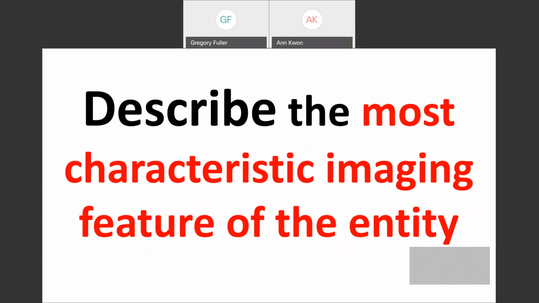What's the differential diagnosis? There's always a differential diagnosis for every molecular alteration. Then you have to know what is the most common entity and what are the most characteristic imaging features of that. This is a higher level question. I'm not going to show you an H&E of a meningioma with psammoma bodies and ask what the diagnosis is. We're beyond that, right? Yes, we are.